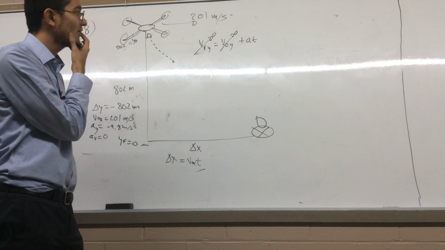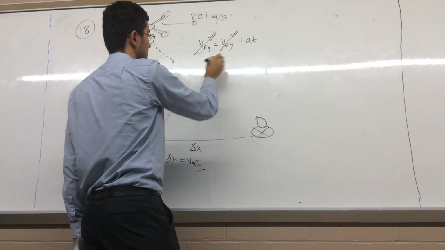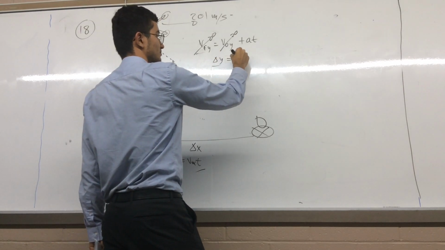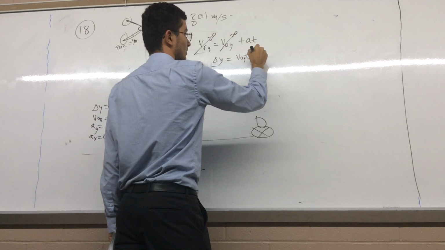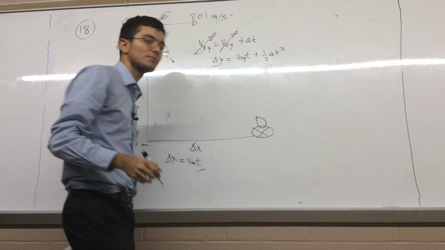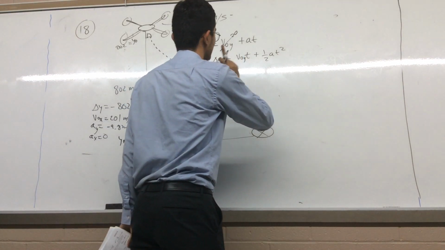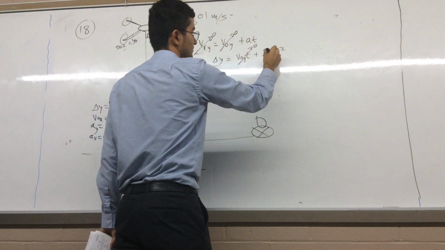So how about we try the second kinematics equation? Delta y is equal to v0y times t plus 1/2 at squared. We can certainly use that because we have delta y, we have v0y, which is 0, and we have g.